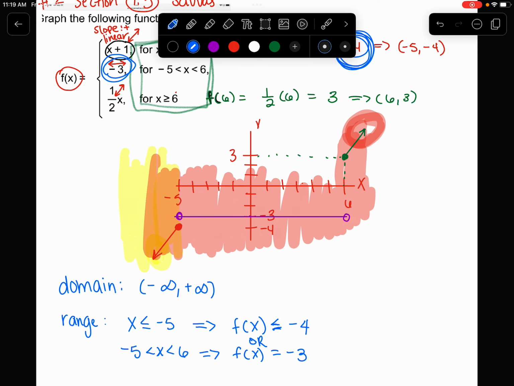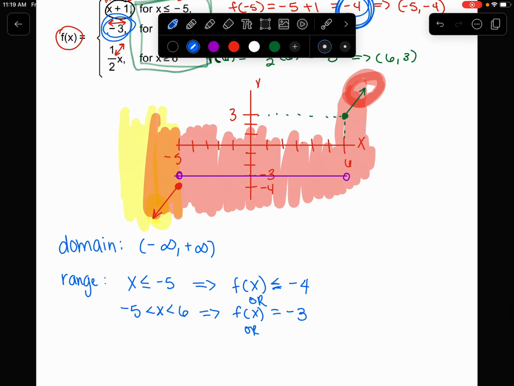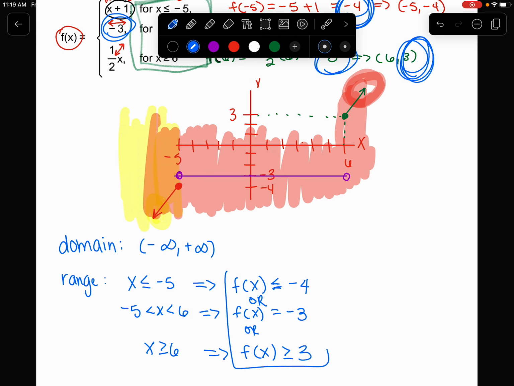So it's going to be "or" right here, and then we're going to do another "or." The last one is x greater than or equal to 6. F of x is greater than or equal to the number we got here, which is 3. So this would be your range.